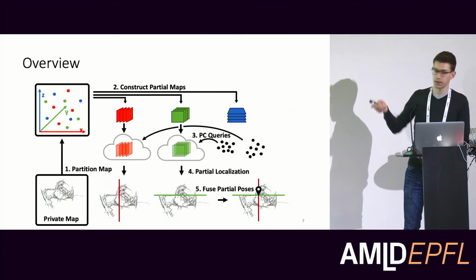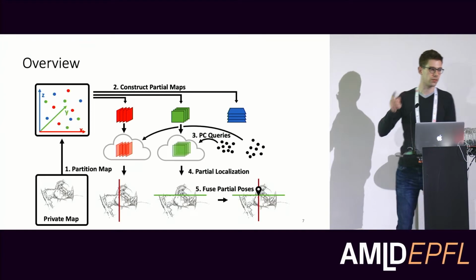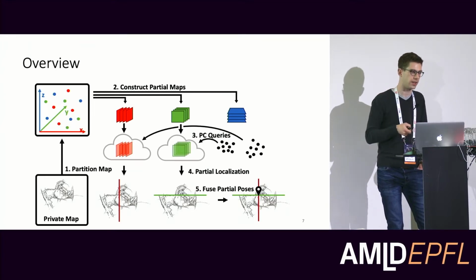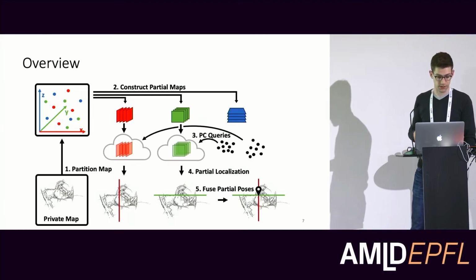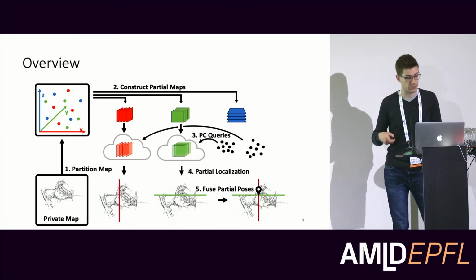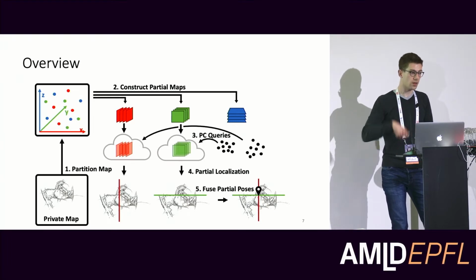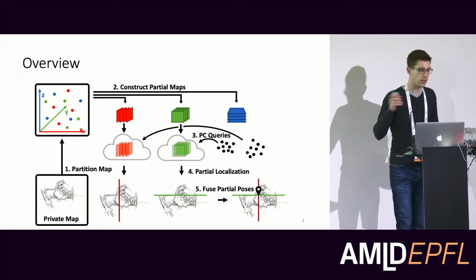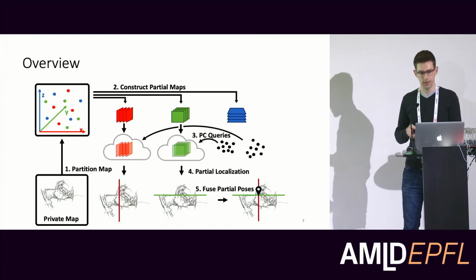Then we create planes instead of the lines before. The important part here is that we're using parallel planes instead of randomly oriented ones. We can distribute these maps to different servers. At query time, we just send a point cloud to each server separately, and we get a partial pose back, and we can fuse this locally to get our full pose again.